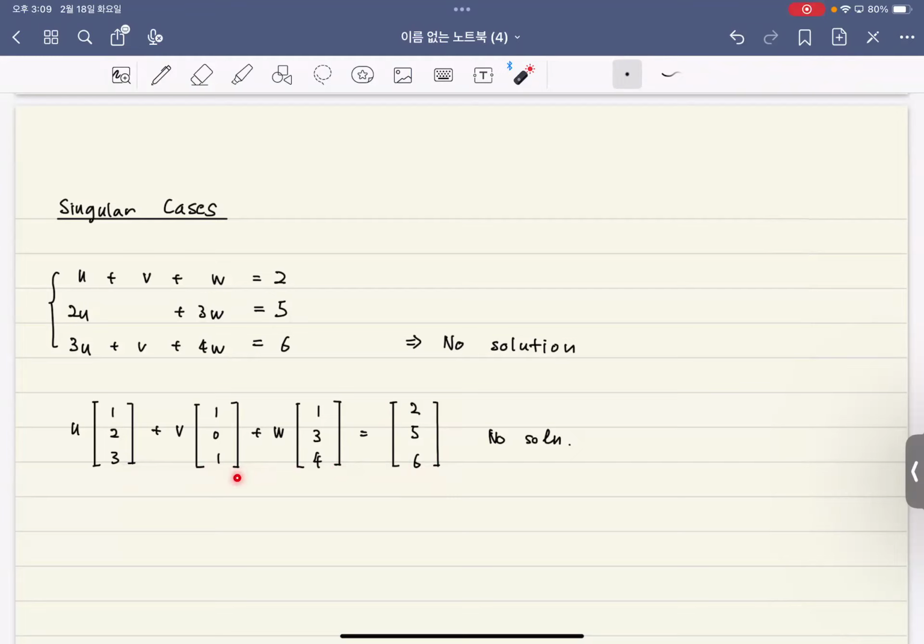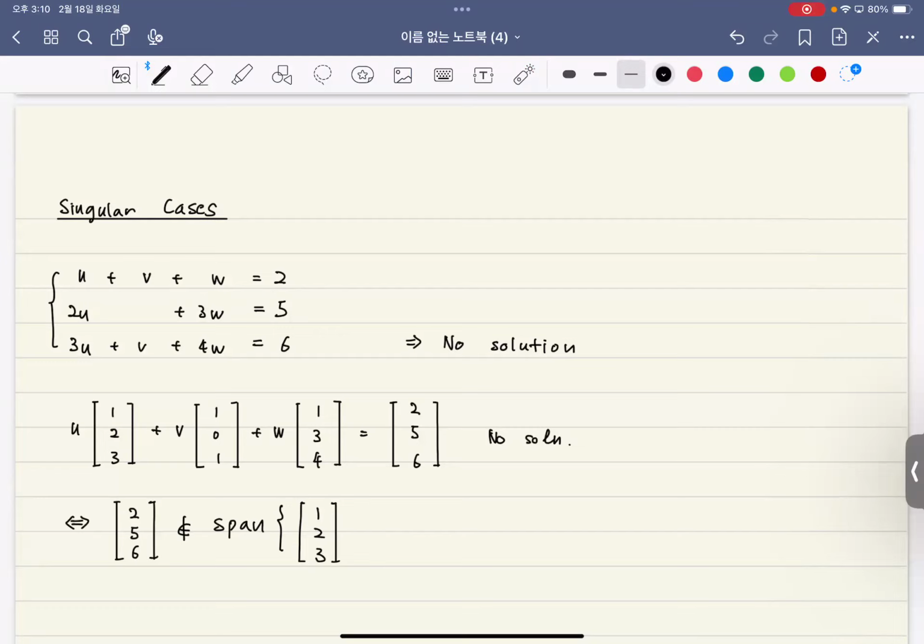So how do I geometrically interpret this scenario? That means, in other words, this column vector 2, 5, 6 is not an element of the span of 1, 2, 3, 1, 0, 1, and 1, 3, 4.